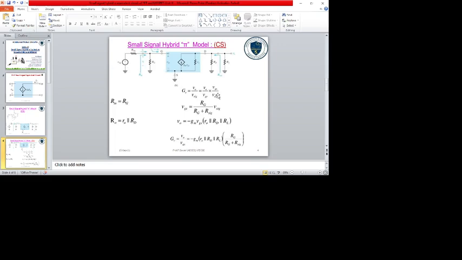So, we can find one gain factor, VGS by V signal. Similarly, by considering the output side, we can find V0 as the response, then VGS as the input signal. So, the one more gain factor is the ratio of output voltage to the input voltage, that is VGS.